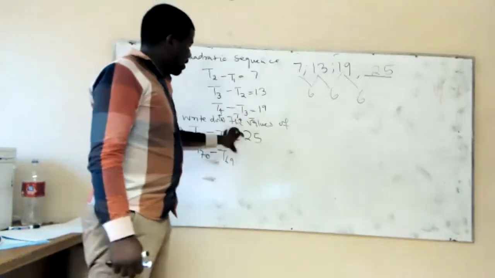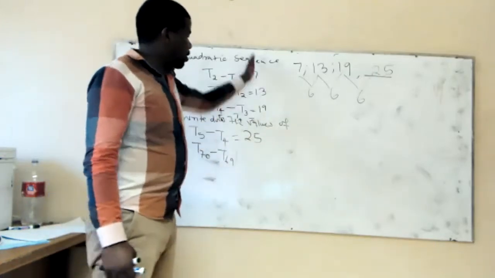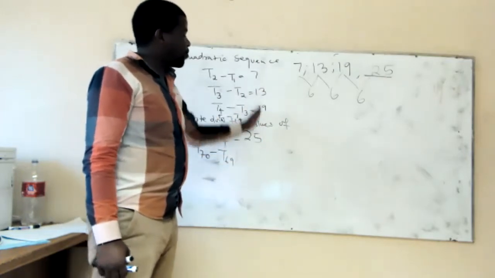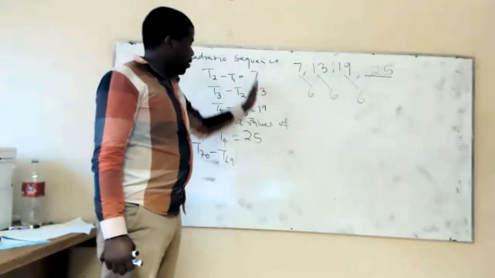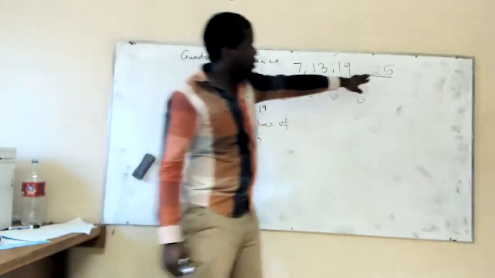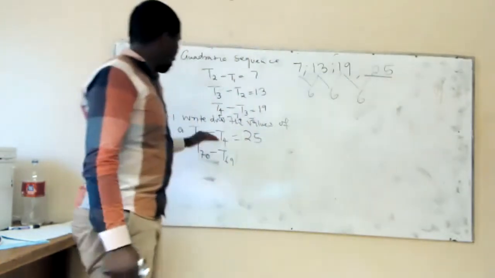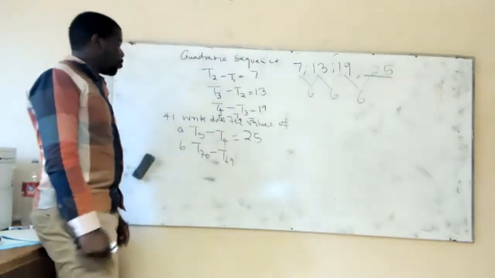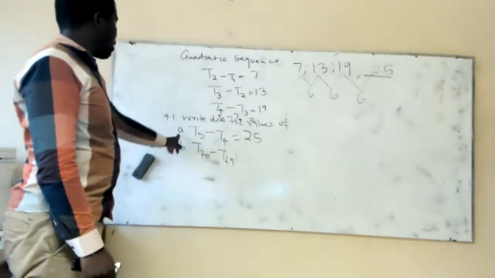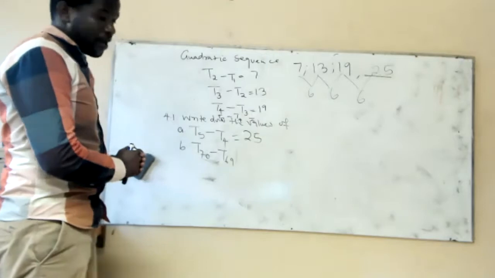Once you establish the relationship, you can focus on the numbers on the right hand side, which form a sequence. When you check the sequence, the next term that follows is 25, and that 25 is the answer we're looking for on question 4A. So we have answered question 4A.